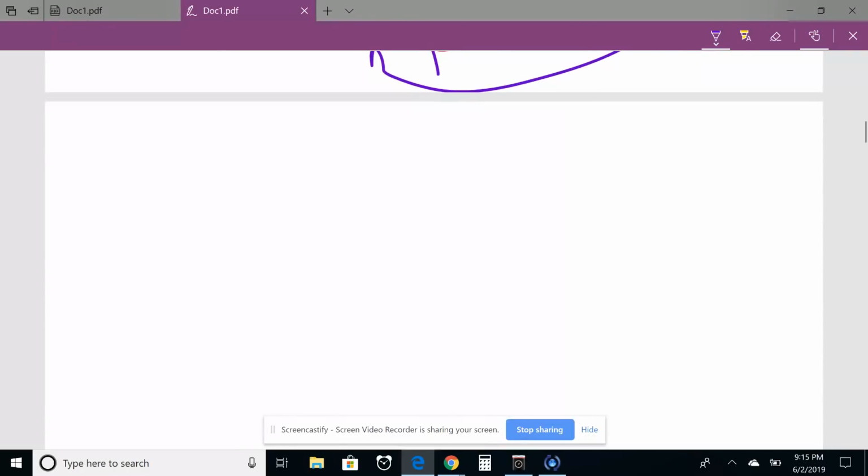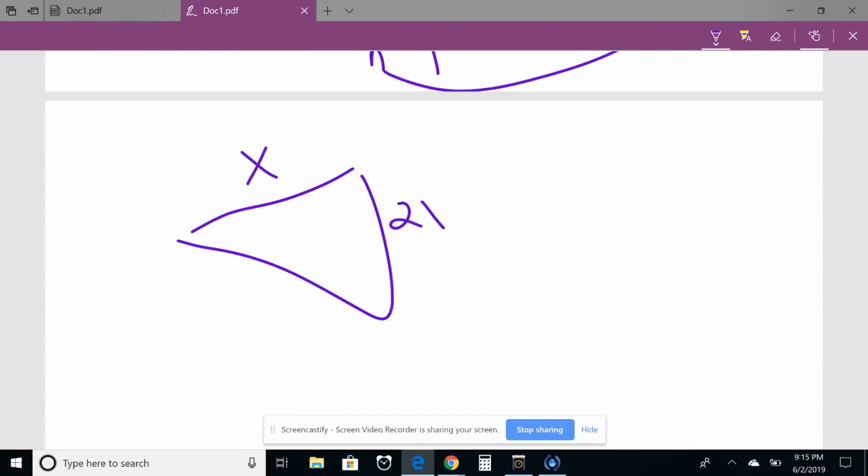All right, and same if you had like the perimeter of a triangle. And this one, let's say x and 2x plus 3, and this is going to be 4x minus 1. And I want to say the perimeter is 39.